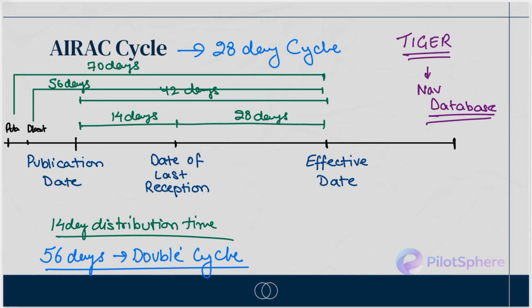The NOTAM would eventually expire, and it would be a NOTAM of series G in nature because it is of lasting character. It is being published until the next AIP or supplement can be published through the AIRAC cycle. After the AIRAC cycle occurs, that NOTAM expires, and then the information is updated through the AIP supplement being added or the AIP amendment being added. And then everybody is on the same page once more.